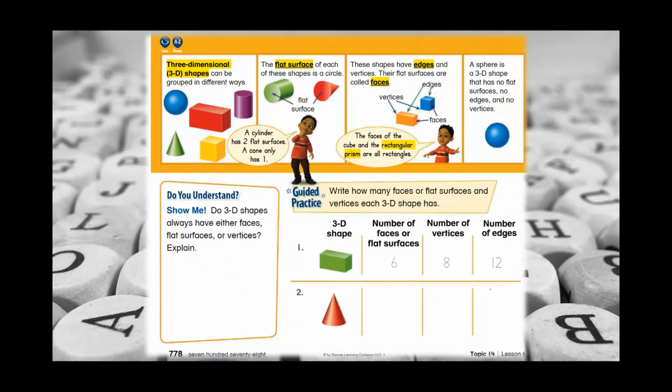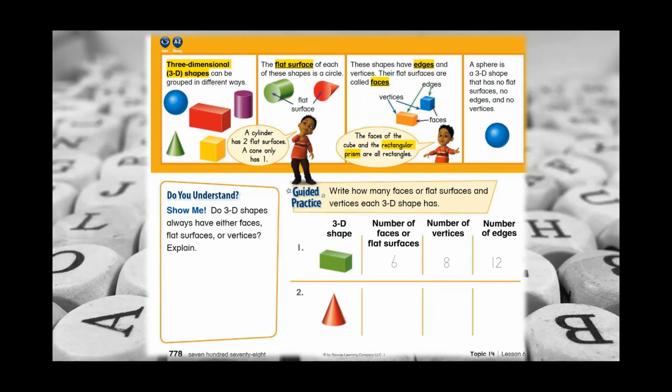778. Now here you have to write how many faces or flat surfaces and vertices each 3D shape has. Okay? So this is what we just learned, right? As you can see here, this is a rectangular prism.